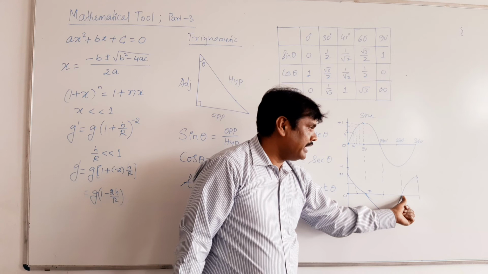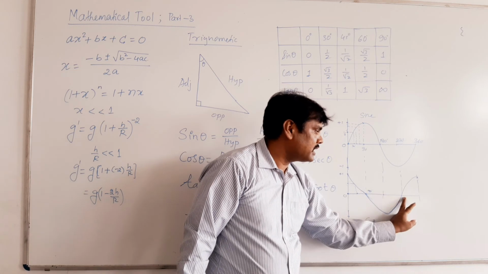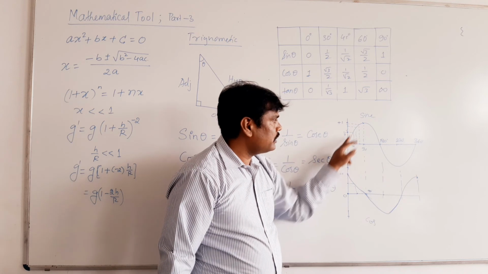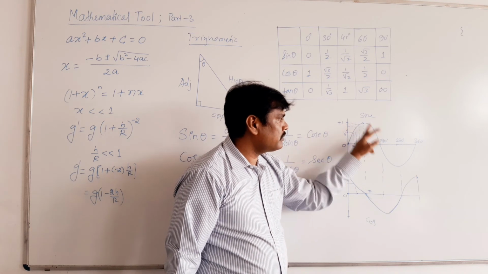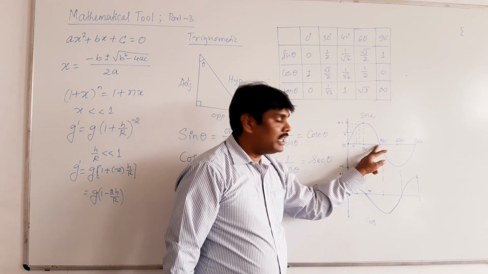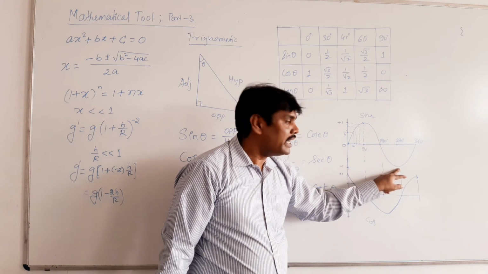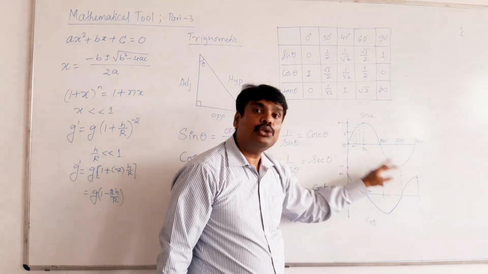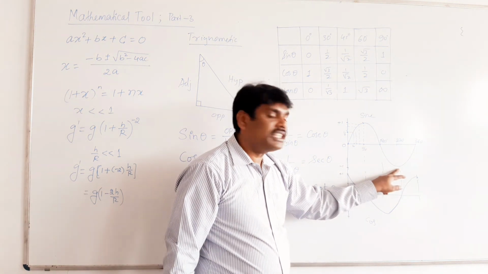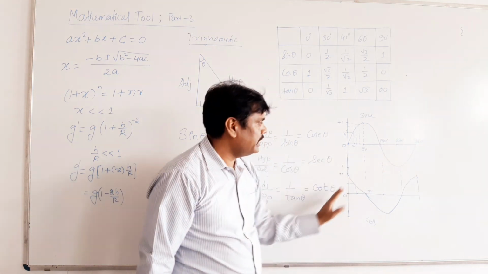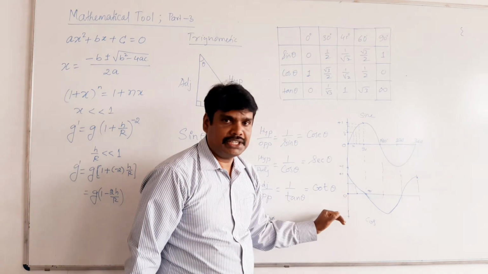From 270 to 360 it increases from plus 0 to plus 1. Increases from 0 to plus 1, decreases from plus 1 to 0, increases from 0 to minus 1, and decreases from minus 1 to 0. Clear now? In this way, the sine function and cos function vary.